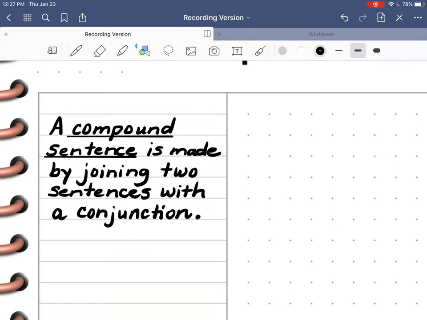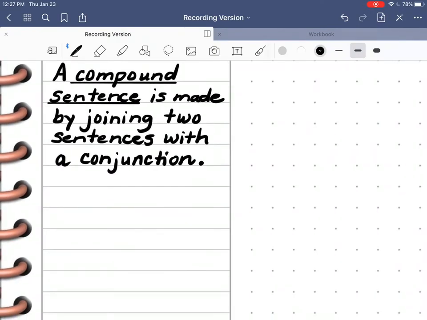I'm going to tell you about conjunctions. So if you need to stop your video, go ahead and do that to get this definition. Conjunction, and I'm going to just give you a definition on this one, is a joining word. You know about nouns and adjectives and verbs and adverbs.